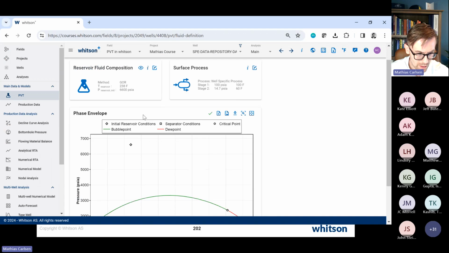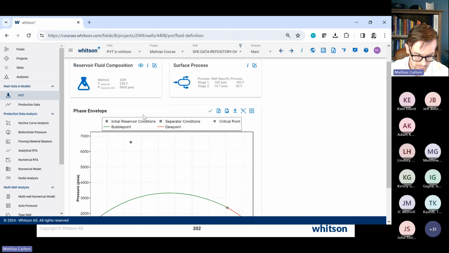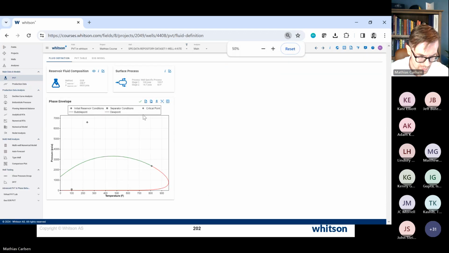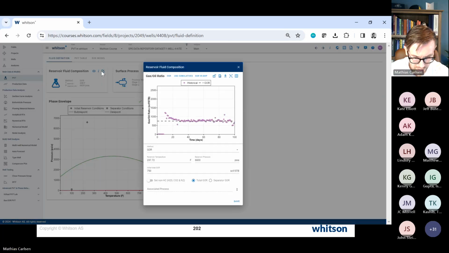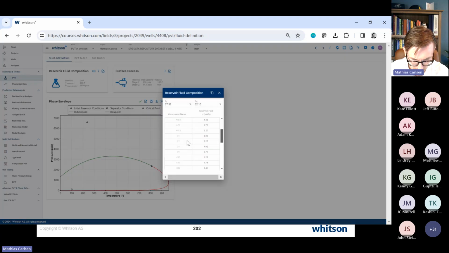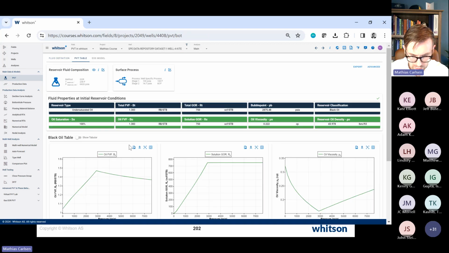So to show this, we open it here. The data shows up. You drag and drop this line as you like. I picked 750. That was a good number. Then you click save, and you'll see that the software is predicting a fluid composition for you, automatically creating these tables.